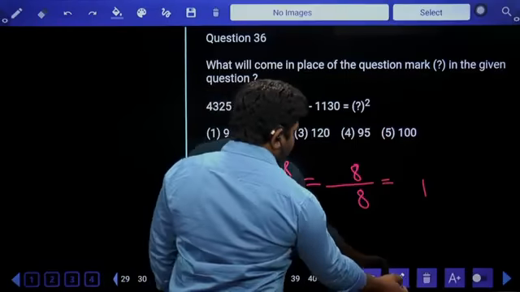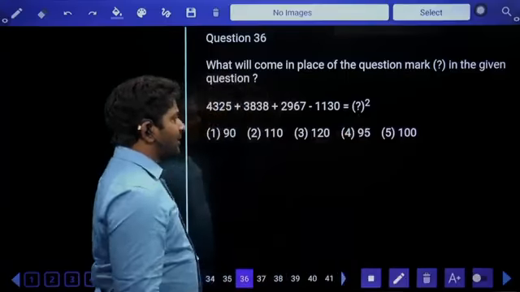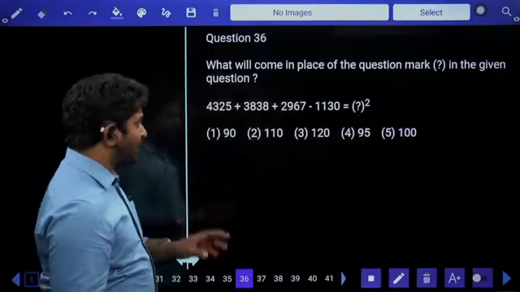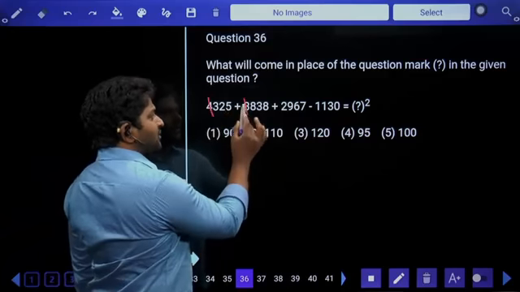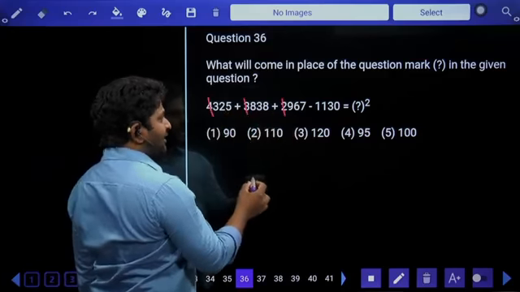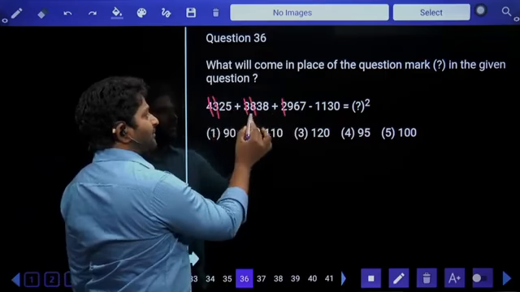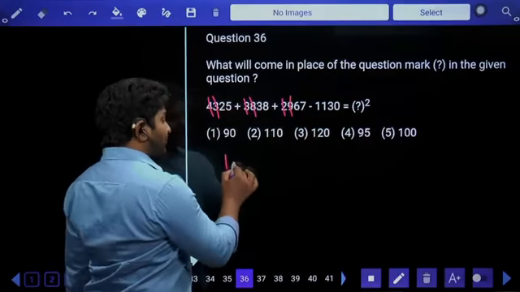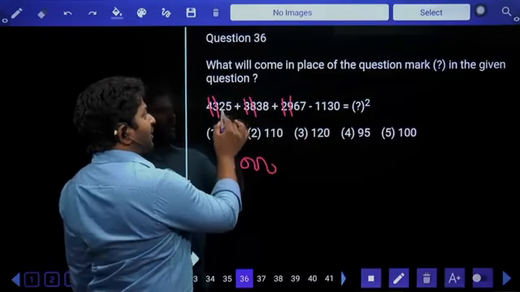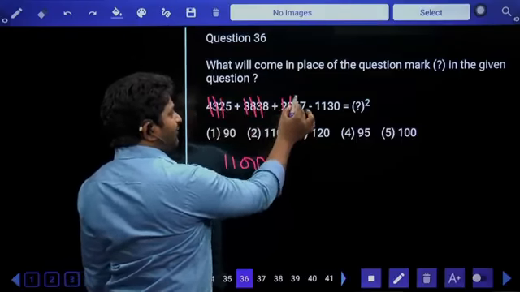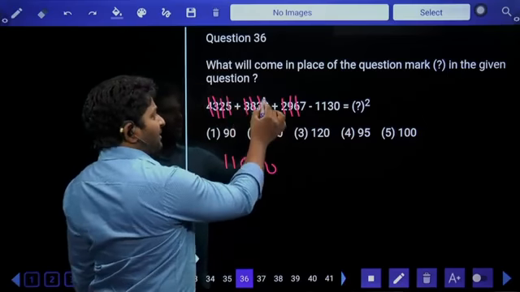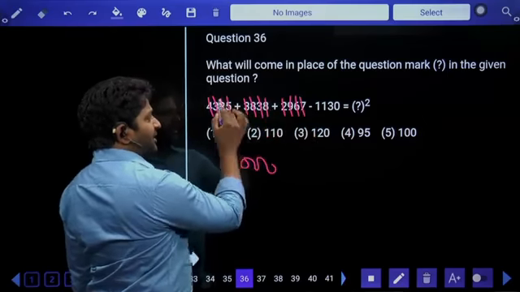And now here x square we have to calculate. So last digit verification and something else will not work. We have to calculate this. 4,000, 3,000 plus 2,000, that is 9,000. 800 plus 300, 1100 plus 900, 2000. So far 11,000 we have. 20, 30, 50, 50 plus 60, 110. 5, 8 plus 7, 15, 15 plus 5, 20.